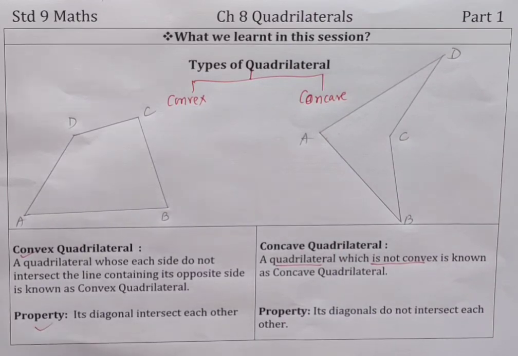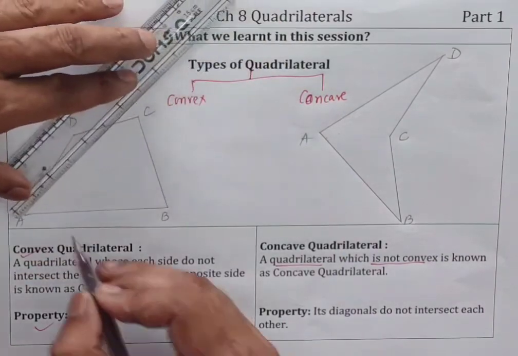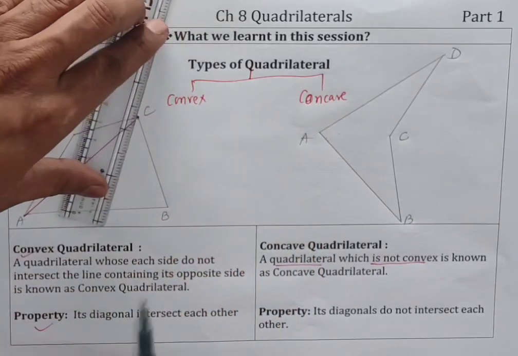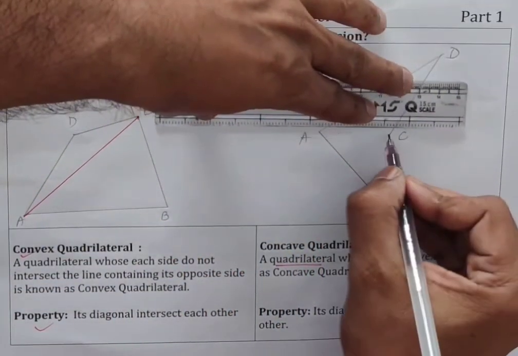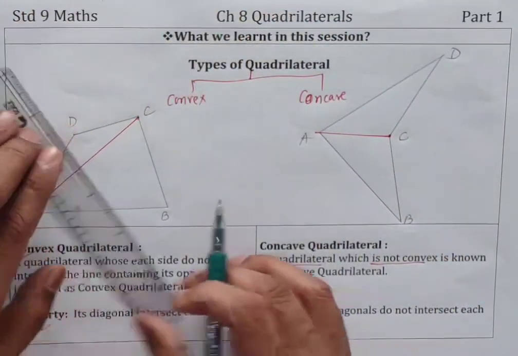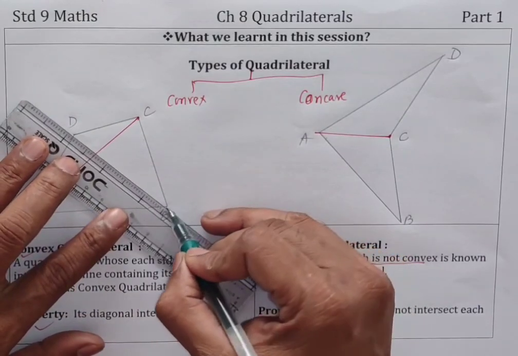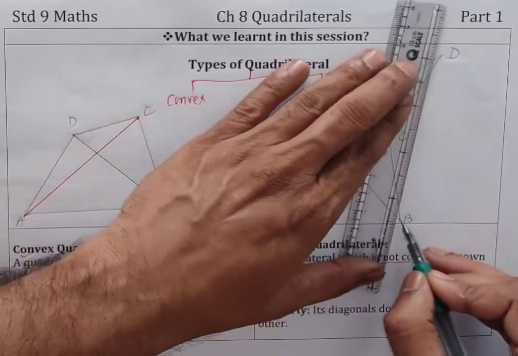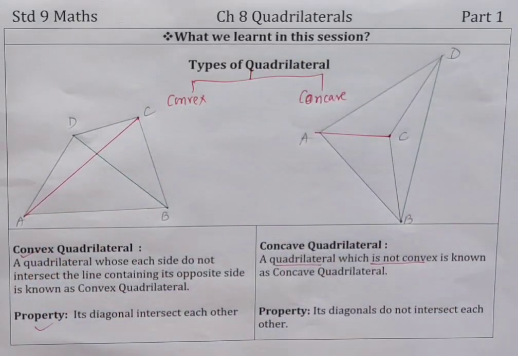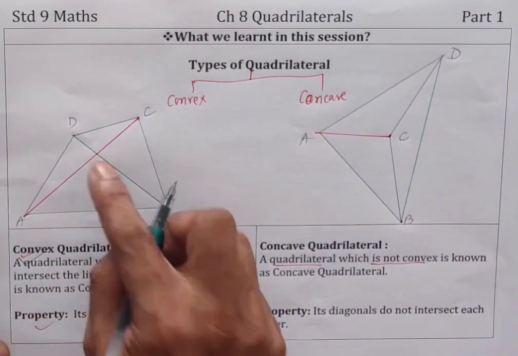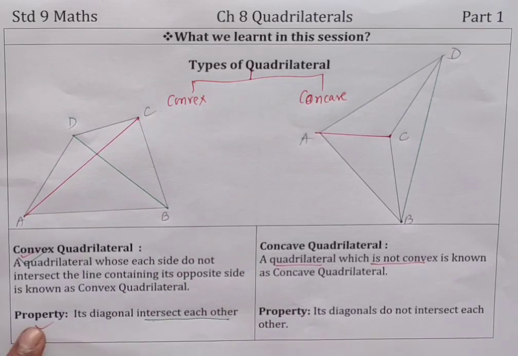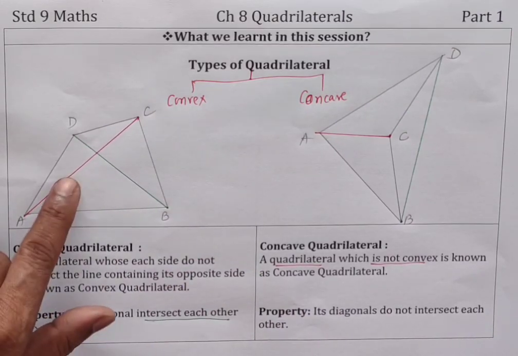Now there is one property. Draw the diagonals of this quadrilateral. AC is a diagonal. इसका भी AC diagonal है. दूसरा BD is a diagonal, और इसका भी BD diagonal है. That is the line segment joining the opposite vertices. See, in convex quadrilateral, diagonals intersect each other, and that is the property of convex quadrilateral.